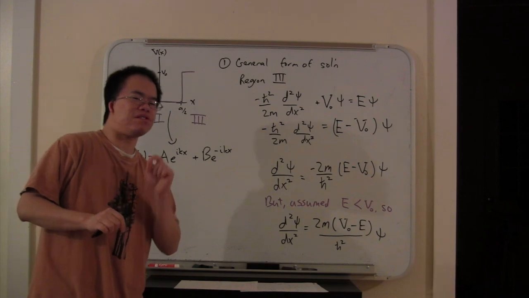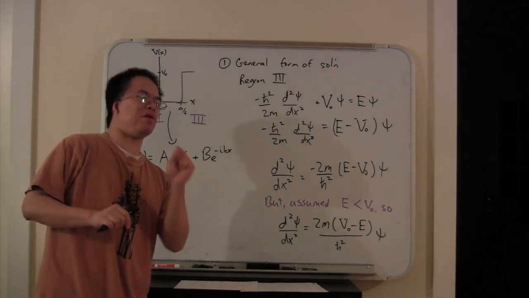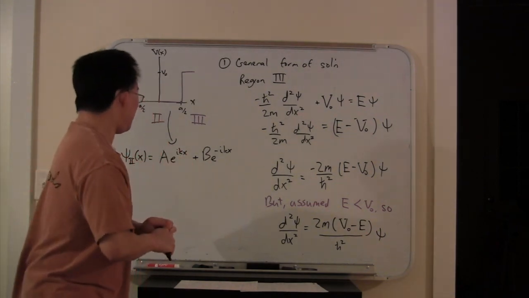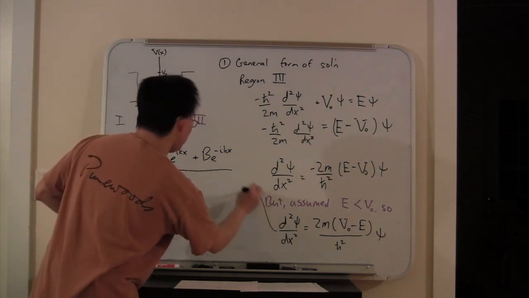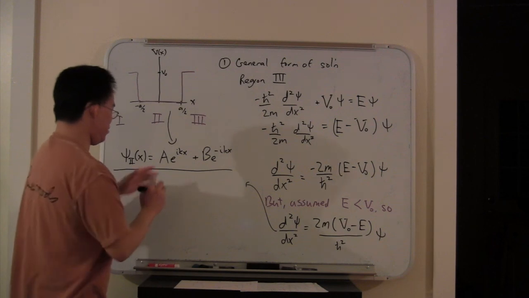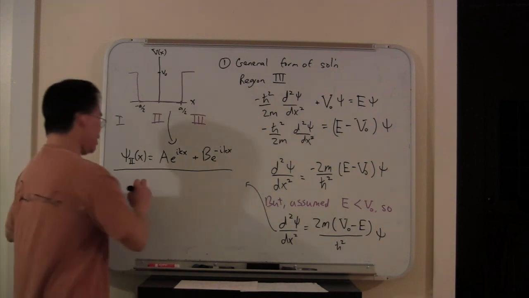So now this looks similar to what we had before, but with a twist. I'm going to just roll over to here to try to use up my limited board space.